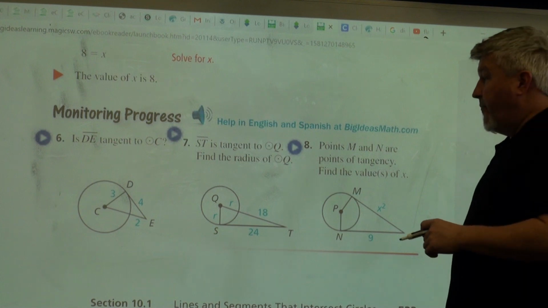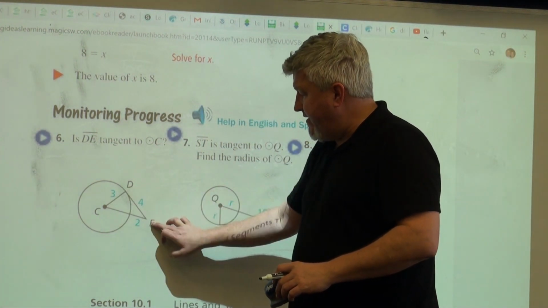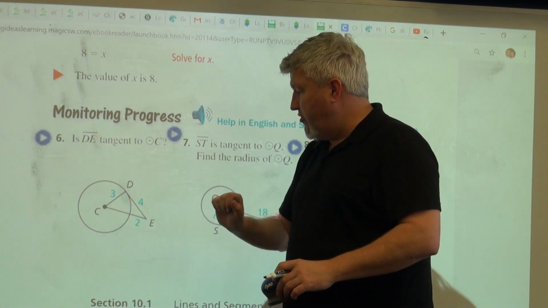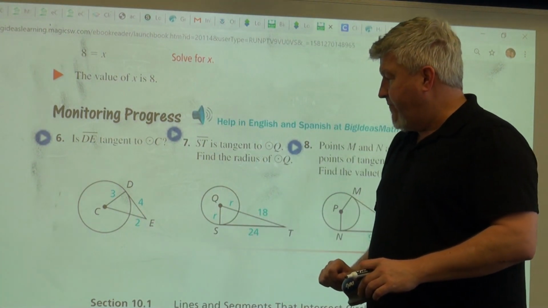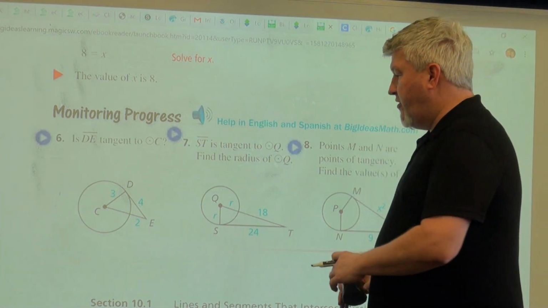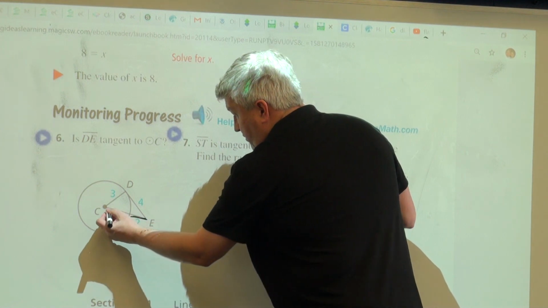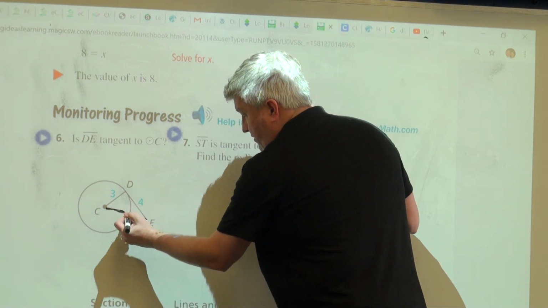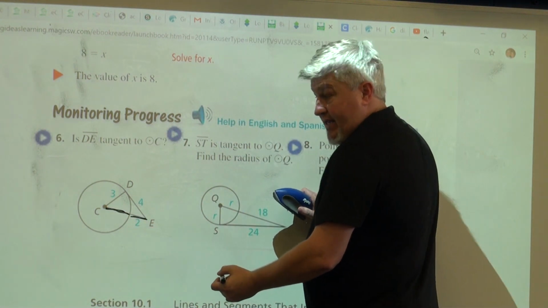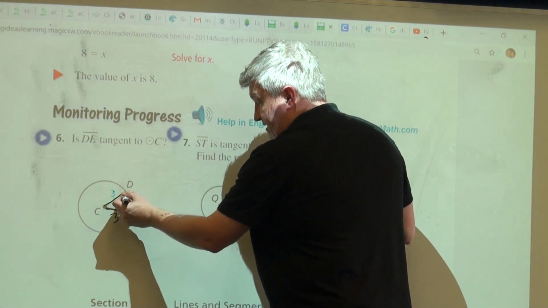Great. Number 6, is DE tangent to circle C? So again, we have to use Pythagorean's theorem. Notice here, we know this segment is 2. How big is this segment? Well, it's a radius, so it's got to be 3, because 3 is already given to us as a radius here.